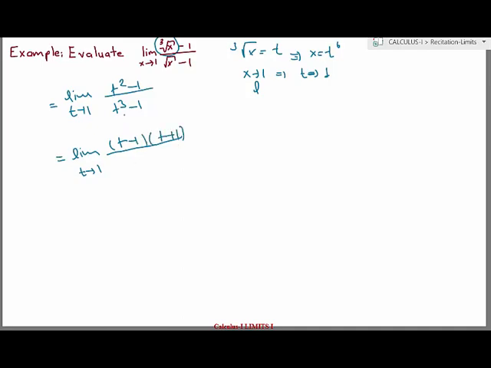Instead of t cube minus 1, I write t minus 1 times t square plus t plus 1. So we cancel this part and plug the number 1 in the expression. We have 2 over 1 plus 1 plus 1, which is 3. So the answer is 2 over 3.